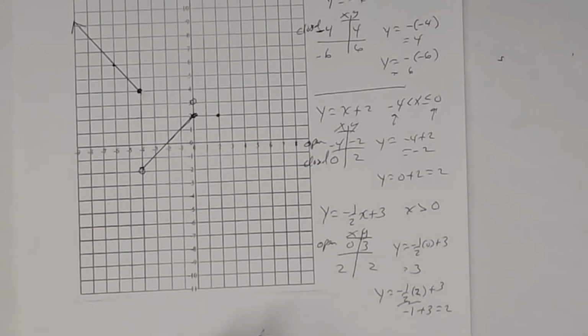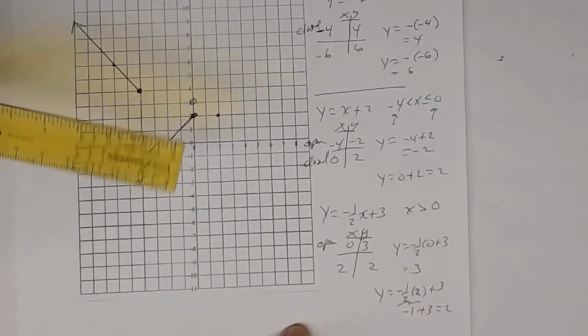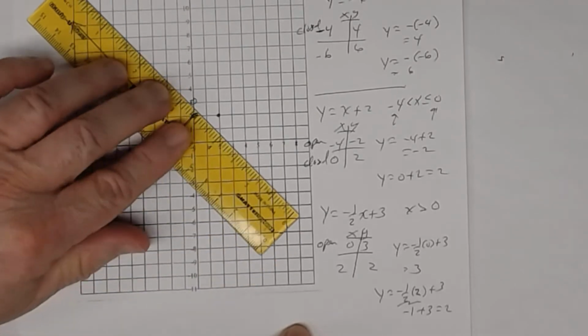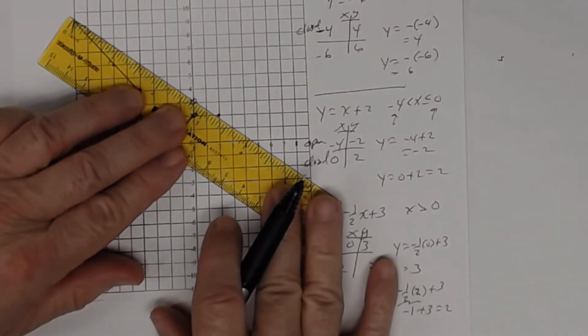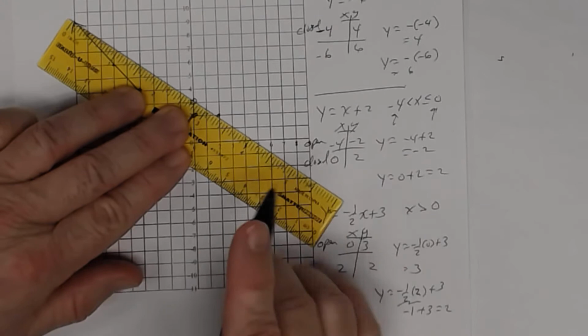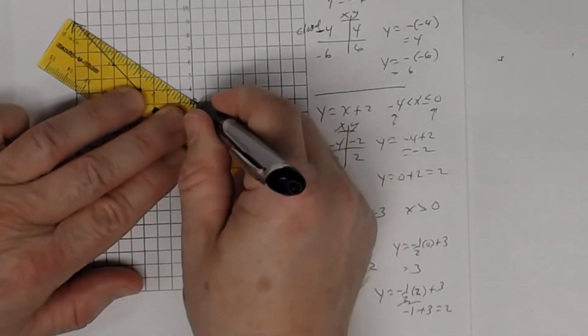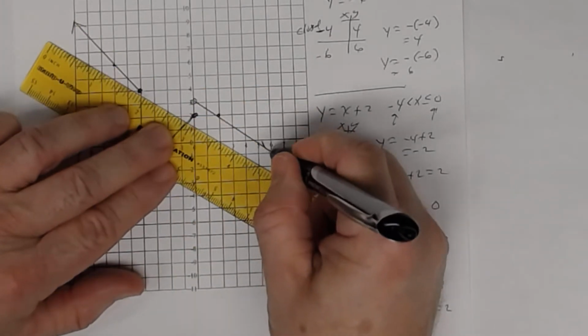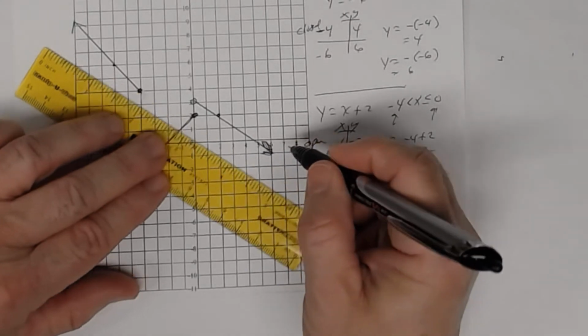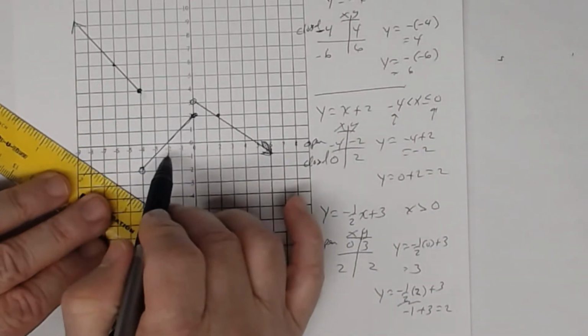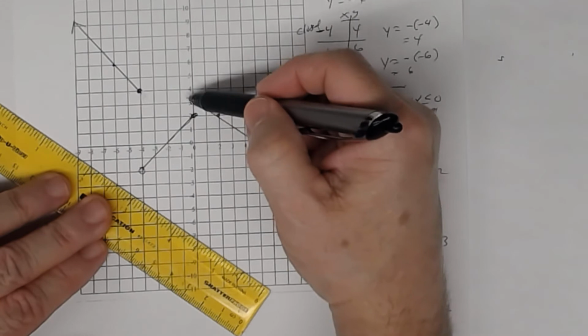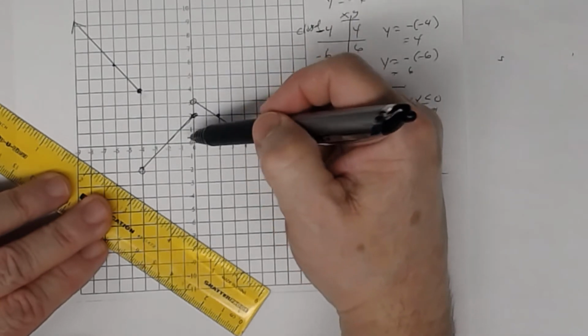Closed right there because 2 is in that domain. And then you just draw your ray. And make sure you draw a ray and not a line, okay? Looks like this. Make sure you draw your arrows. Now don't extend it, because then it's no longer a function. See right here, if you extend it, then obviously it fails the vertical line test.